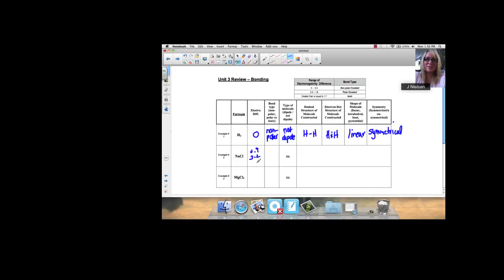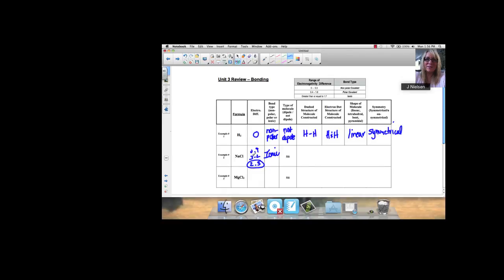So this is going to be a difference of 2.3. So my electronegativity difference, the difference between the two numbers, is 2.3. So this is definitely going to be ionic.